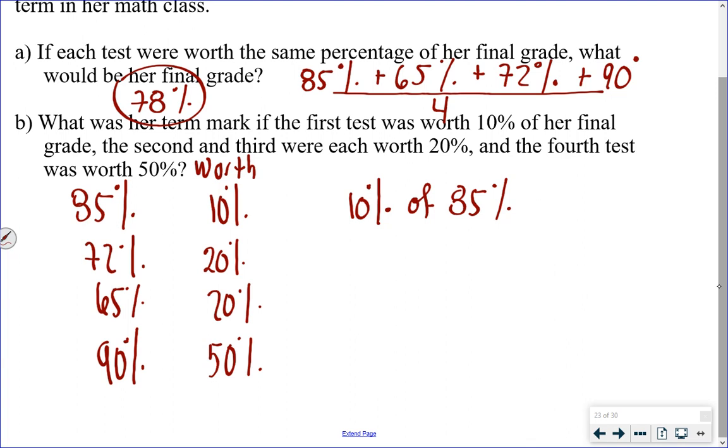Think about this. If 10% of her final mark comes from that first test, then we need to find out what 10% of that first test is. So how are we going to do that? Well, 10% means 10 over 100, and then we need to multiply by 85.